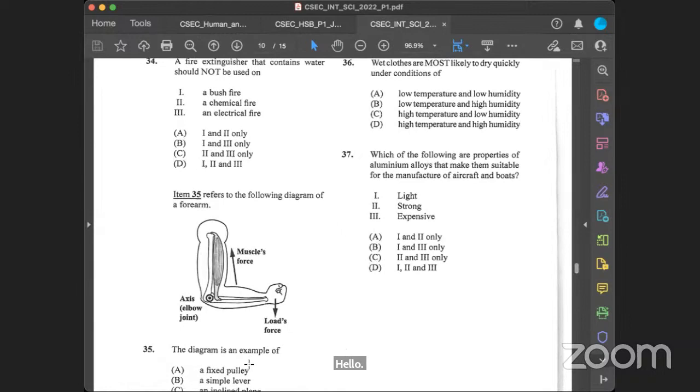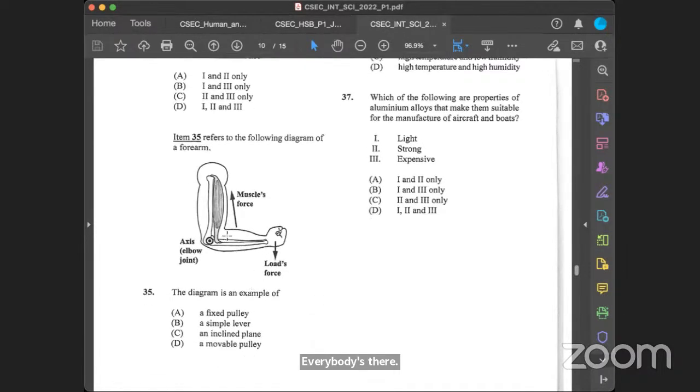Everybody's there? Next question, the diagram above is an example of what? Simple lever. B.